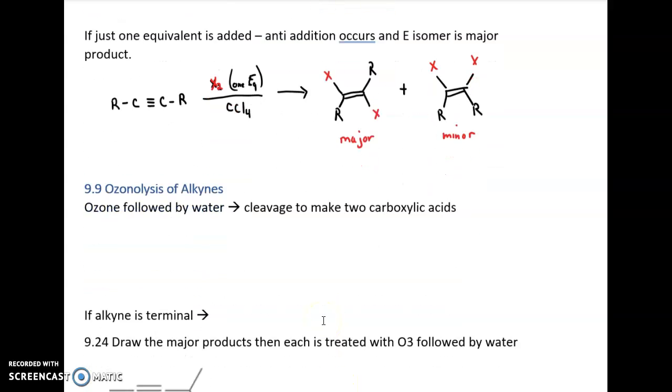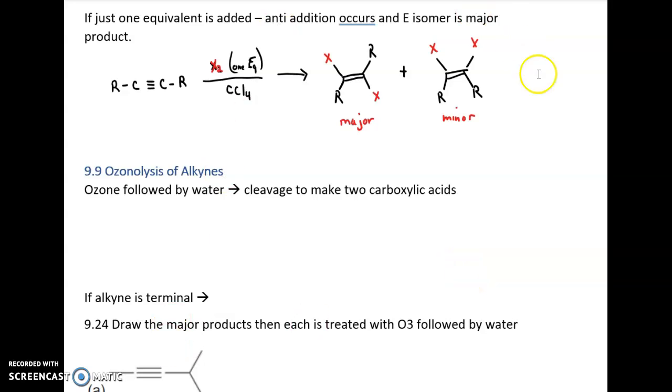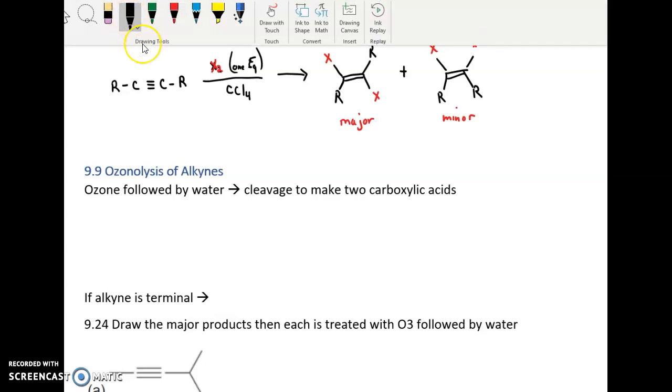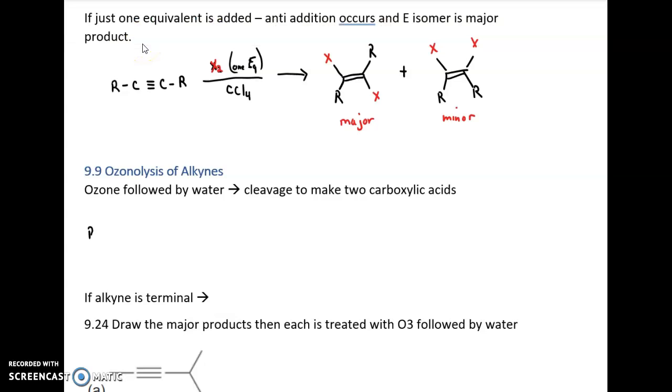Ozonolysis. This is ozone followed by water, and then it cleaves to make two carboxylic acids. So we have our starting product, our alkyne.